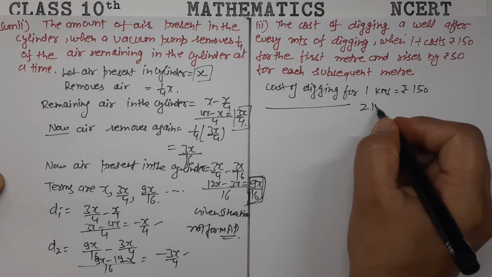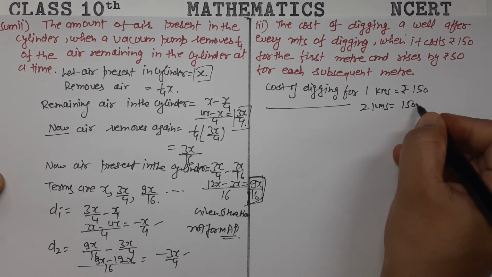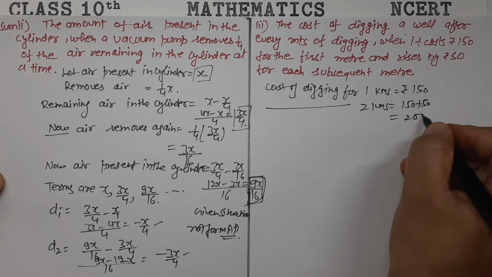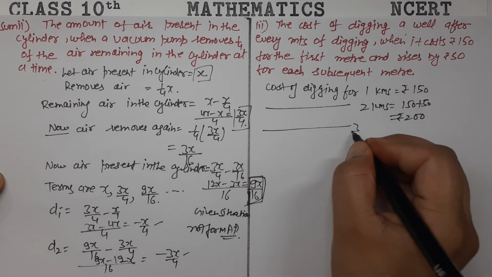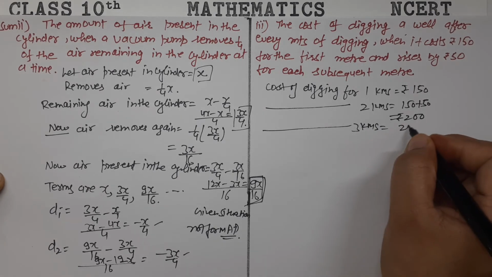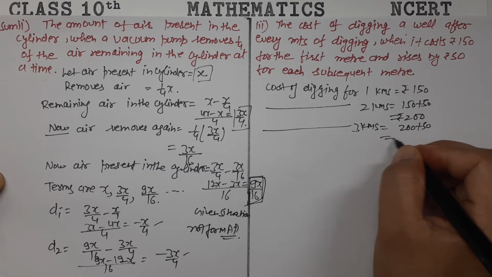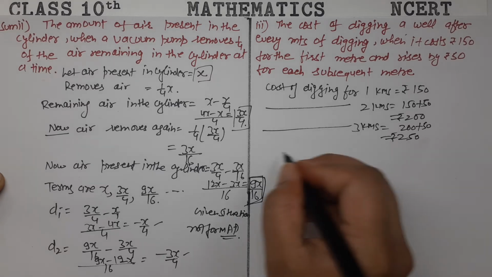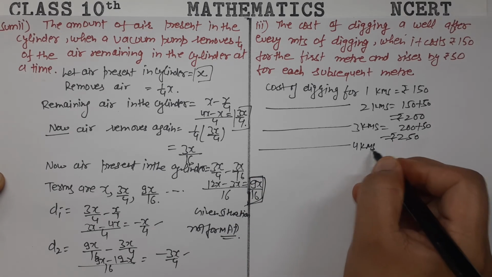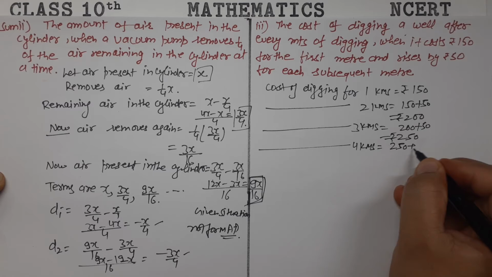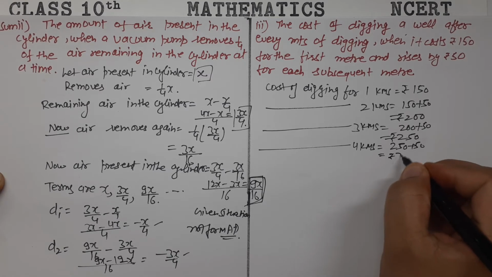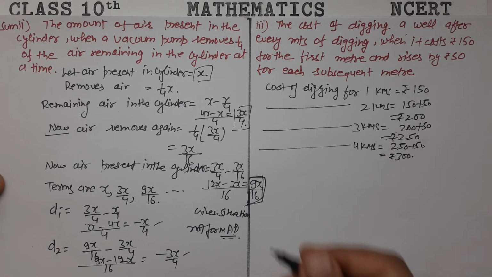Cost of digging for 2 meters, 150 plus 50, rupees 200. For 3 meters, rupees 250. For 4 meters, rupees 300.